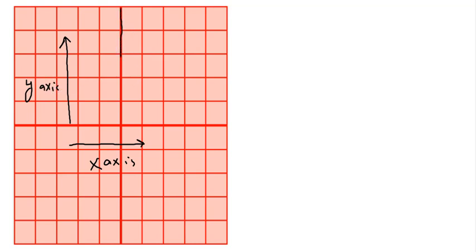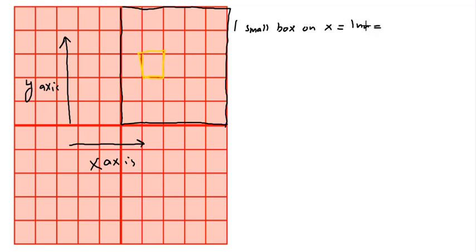This here is one large box, and this here is one small box. Now one small box on x is equal to 1 mm, which is equal to 0.04 second.